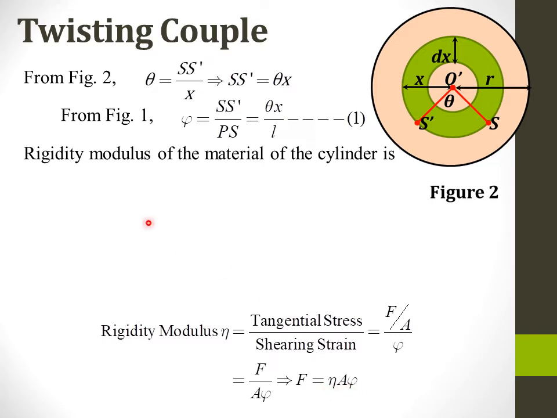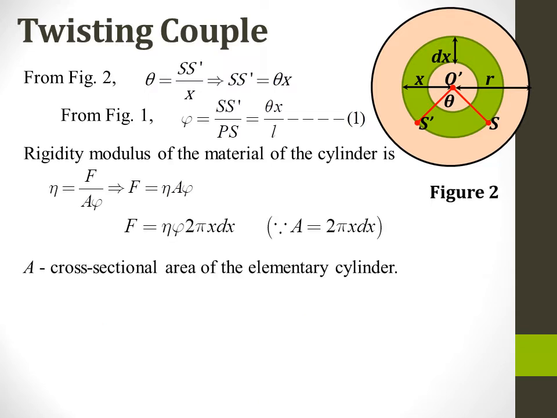Now, in order to find this rigidity modulus of the material of the cylindrical wire, we have to substitute A, the area of cross section of the cylindrical wire. In order to obtain that, we have A, the area of cross section, given by the circumference, which is 2 pi x, times the thickness dx.